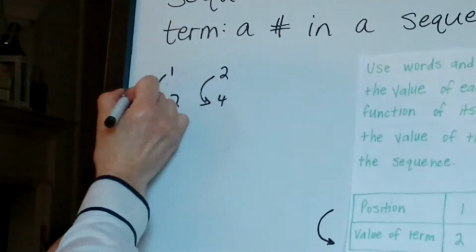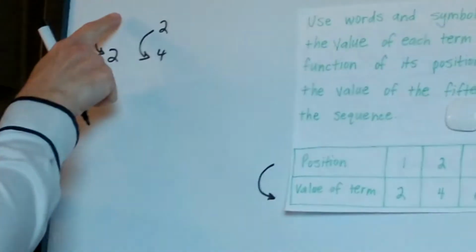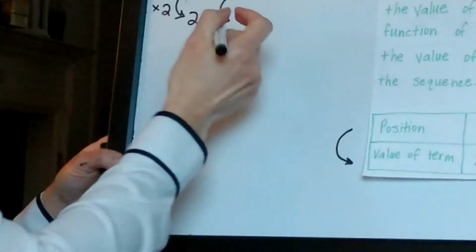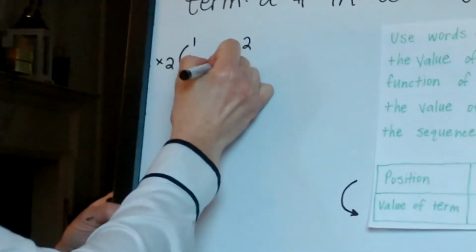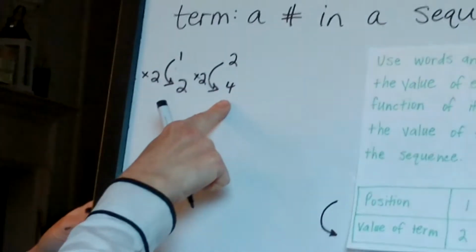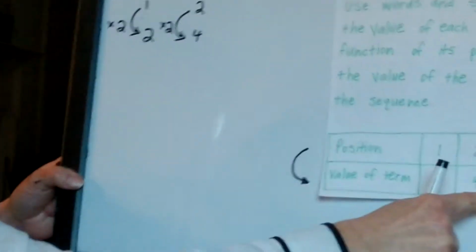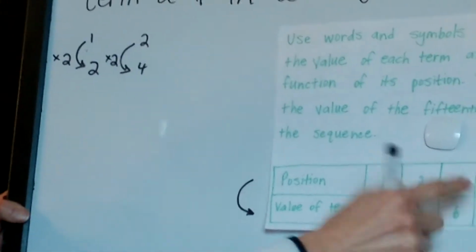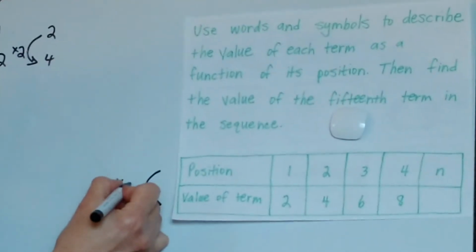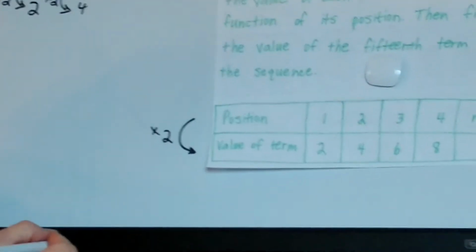Well, let's try multiplying. If we multiply by 2, it works for that position and that term. Let's see if it works for this position and that term. 2 times 2 is 4. 3 times 2 is 6. 4 times 2 is 8. So we're going to be multiplying by 2 at every position to the term.